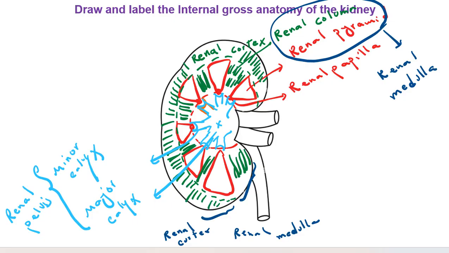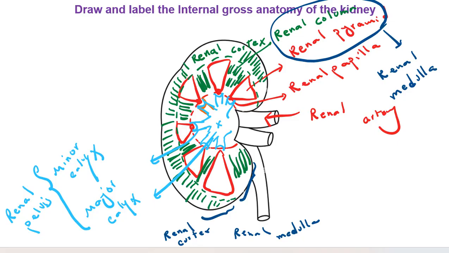Okay, and also do not forget to find these structures going in and out of the kidney through the hilum. Here we have our renal artery. Pay attention to the direction of the blood. This blood is oxygenated blood, but unfiltered blood, because it's coming to the kidney to be filtered.